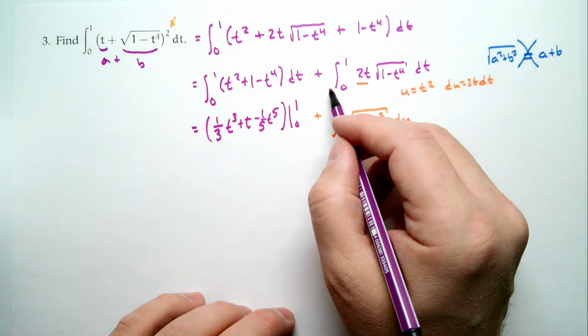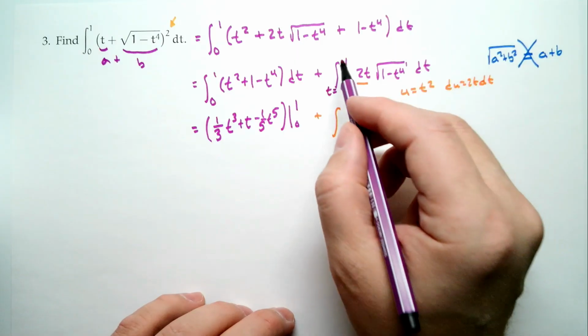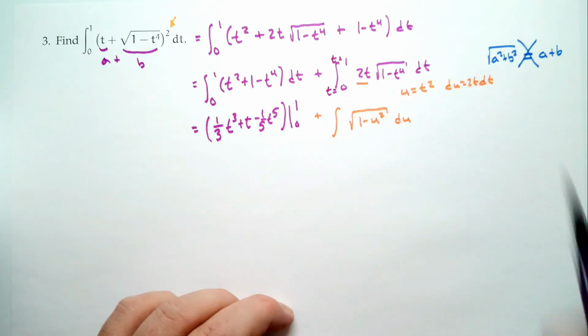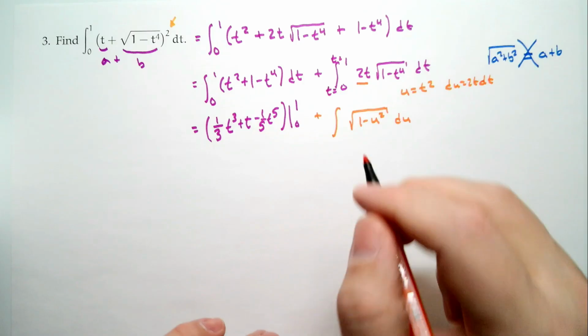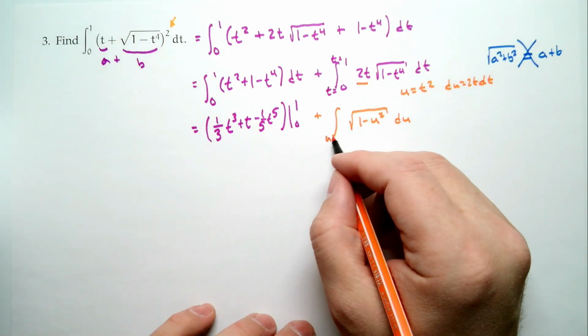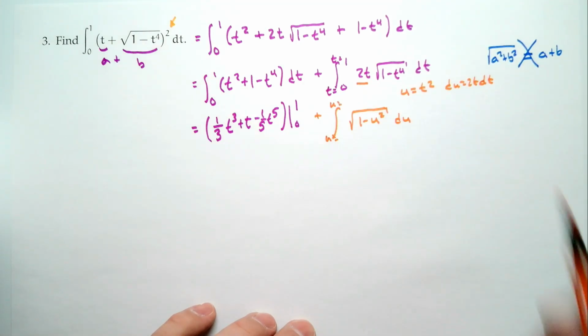What's happening here is these are really t equals 0 to t equals 1. So whenever you see bounds, they are naturally associated with the variable. When we go to our new integral, we want to update everything. That also includes updating the bounds. So we want to get to u equals something to u equals something.